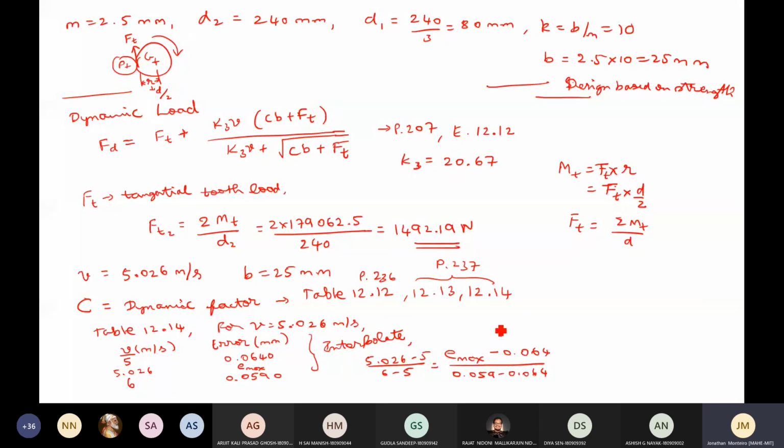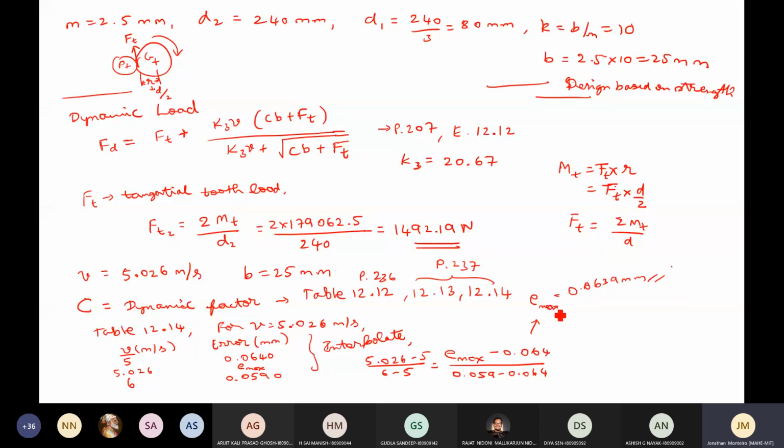So if you do this calculation, solving, you should get Emax as 0.0639, very close to 0.064, obviously.